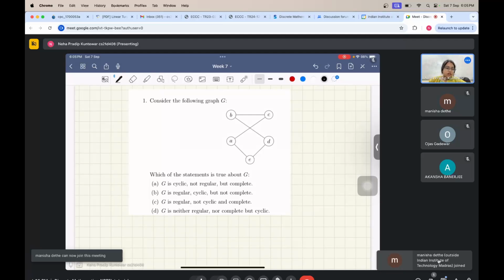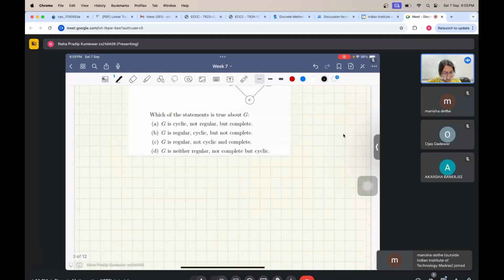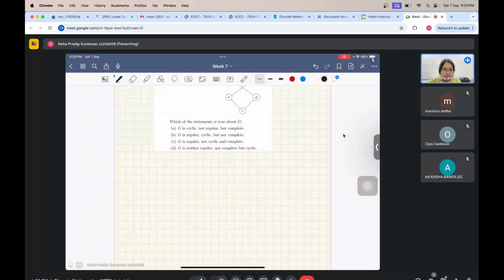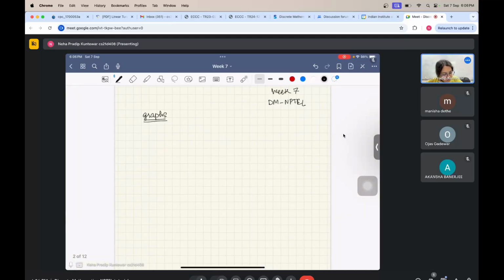Okay, I'll just define the terms that we need for this question. So we'll define what is a cyclic graph, what is a uniform graph, and what is a complete graph.